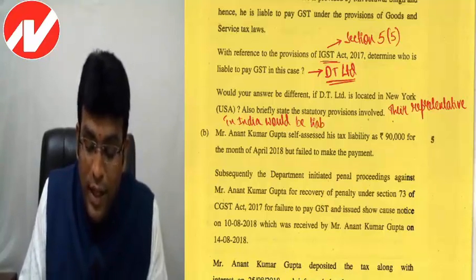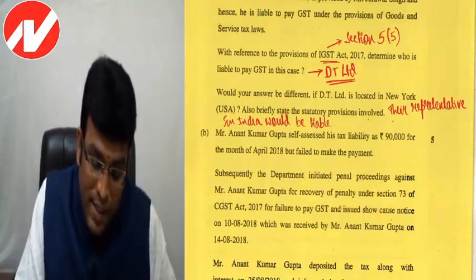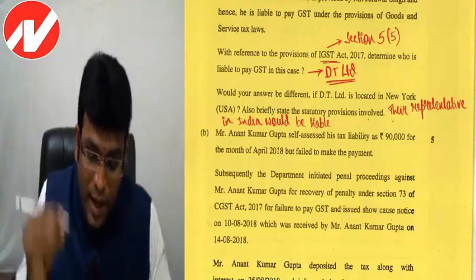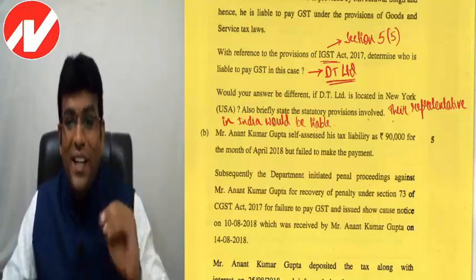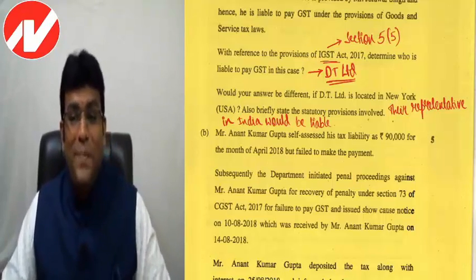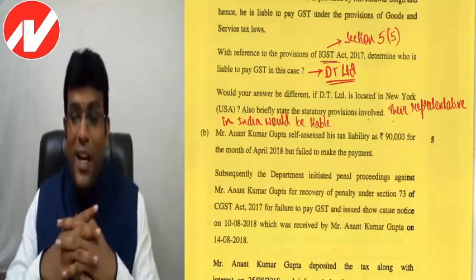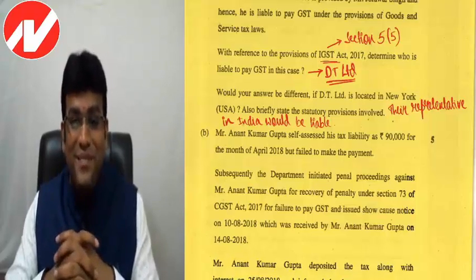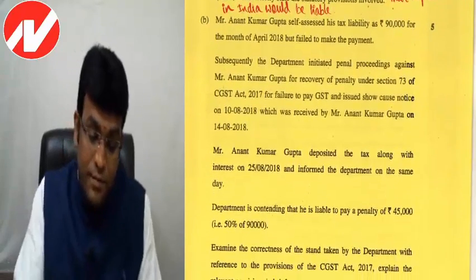One point very clearly they told is that if the e-commerce operator does not have physical presence in India, I repeat one more time, then the representative in India would be liable to pay GST. And if there is no such representative, they must appoint a representative and make him liable. But they can't escape the tax. Clear, guys? Good.